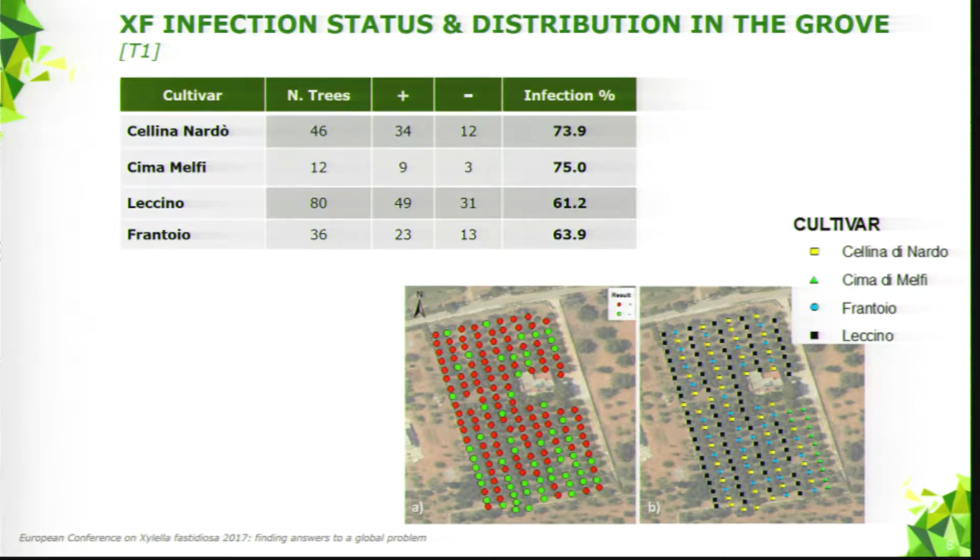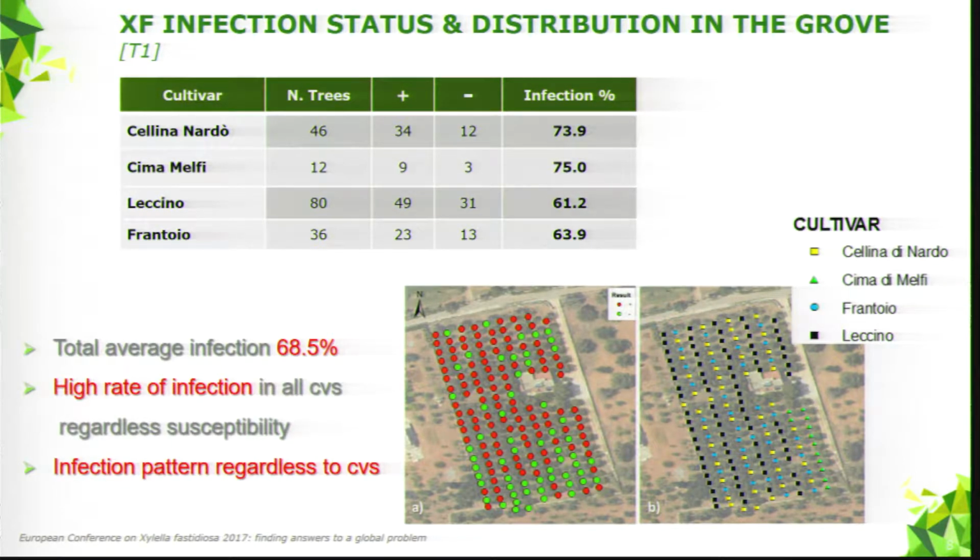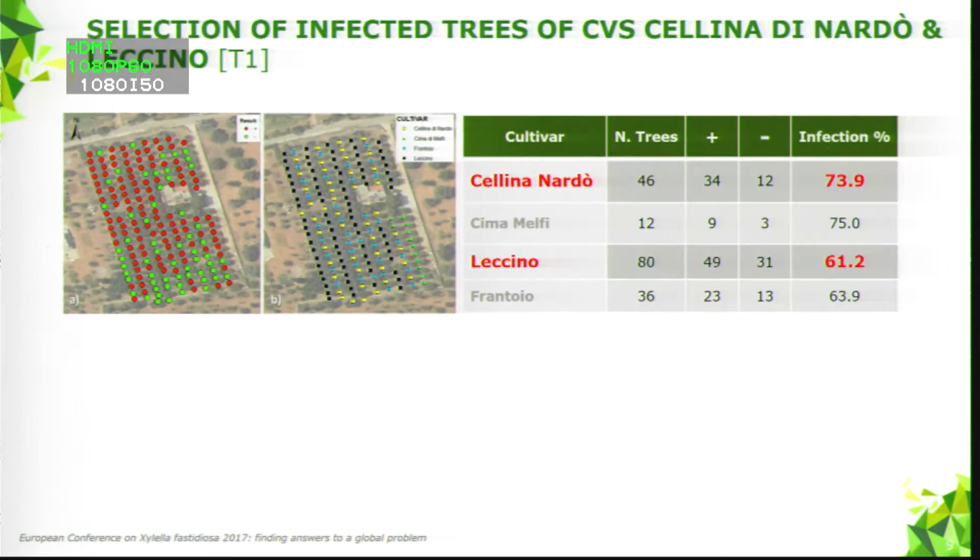Now, concerning the infection status of the grove, Cellina di Nardò and Cima di Melfi showed the highest values, but Leccino and Frantoio were also highly infected. We can say there was an average of more or less 16.9% infection rate, and a high rate of infection in all cultivars, regardless of susceptibility, because we know Leccino is less susceptible, as is Frantoio.